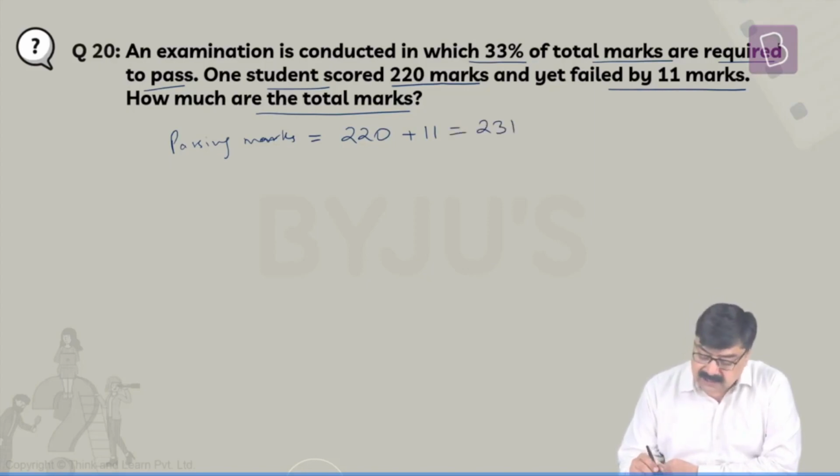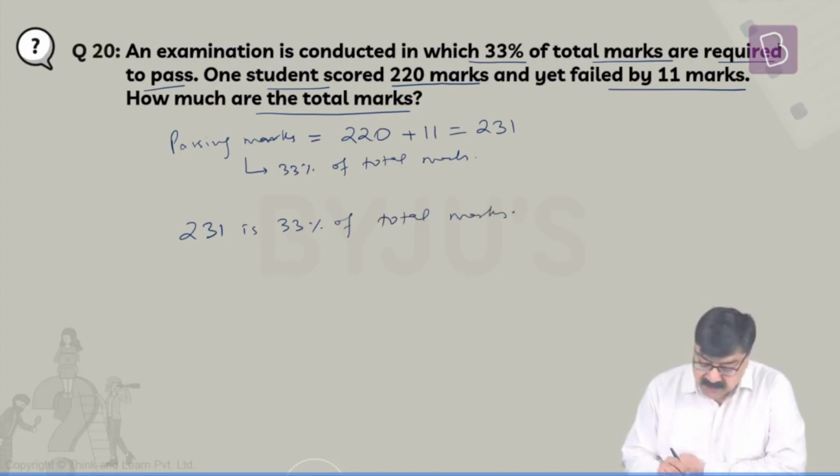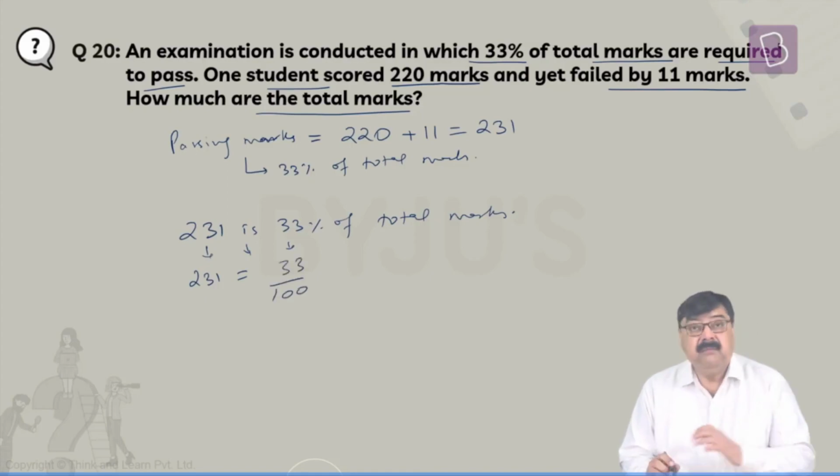And passing marks are 33% of total marks. So 231 is 33 by 100 of total marks. Mind you, it is not 33.33%, so do not commit the mistake of taking this as 1 by 3.